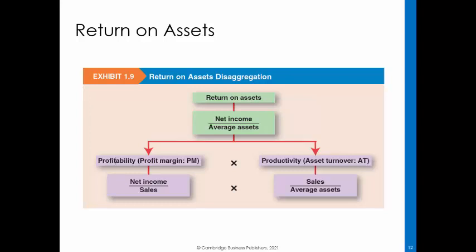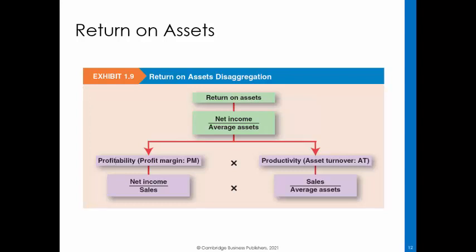We can further isolate the components that are driving return on assets by separating the ROA into the profitability that relates profits to sales, the profit margin, and reflects the net income after tax earned on each sales dollar. The second component is called asset turnover and reflects sales generated by each dollar of assets.